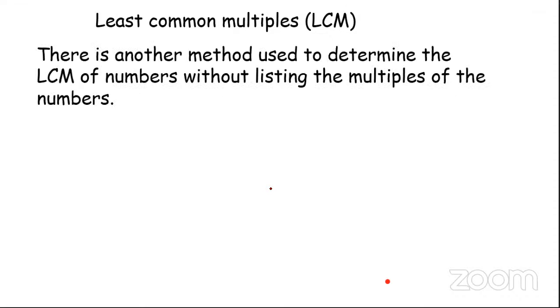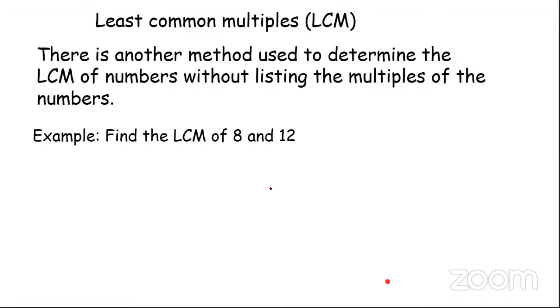So there is another method used to determine the LCM of numbers without first listing the multiples. That method is the ladder method. For example, find the LCM of 8 and 12.